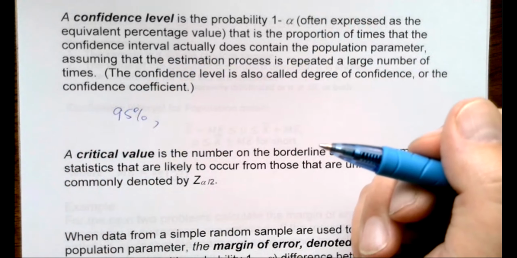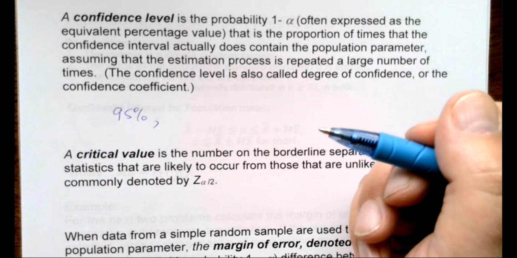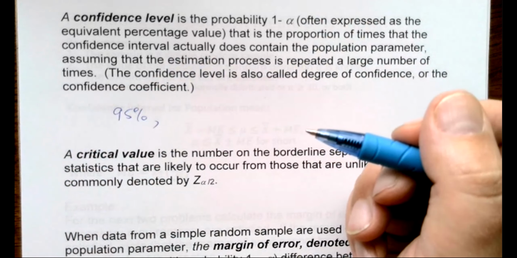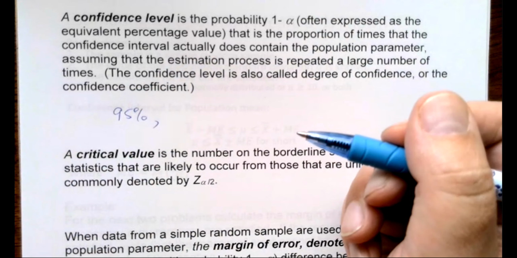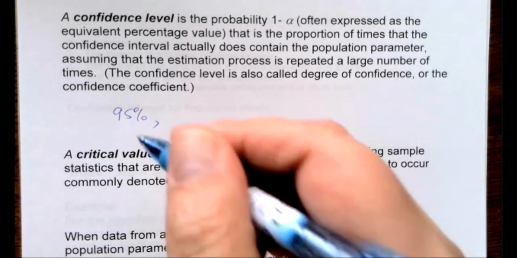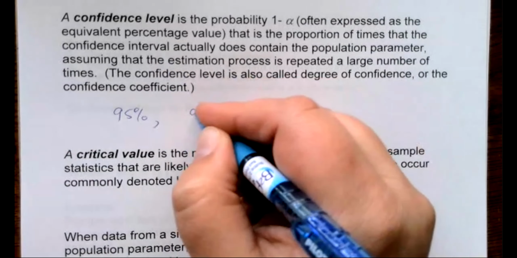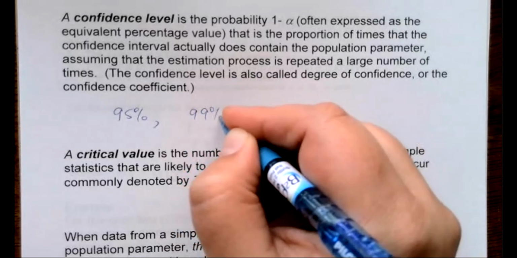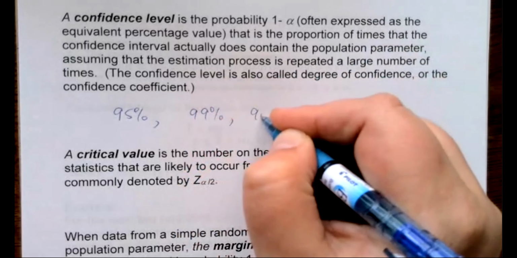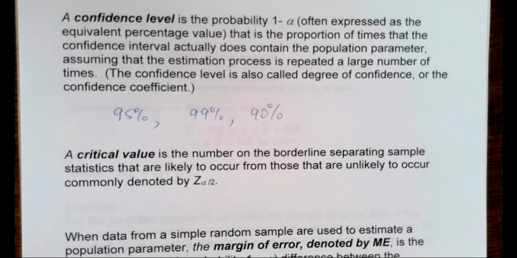So we would say we are 95% confident that our mean, or our proportion, or our standard deviation is within this interval. The most common ones are 95%, 99%, or 90%. Those are most common, but they're not the only ones.